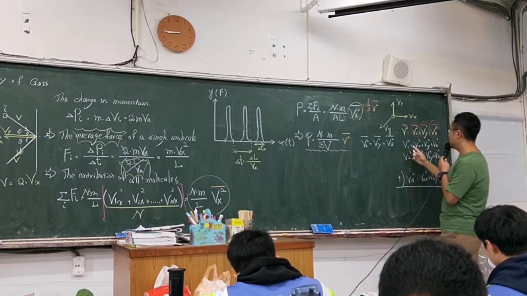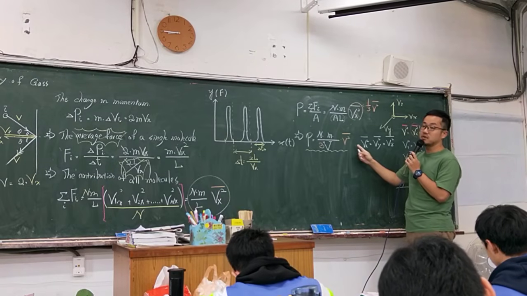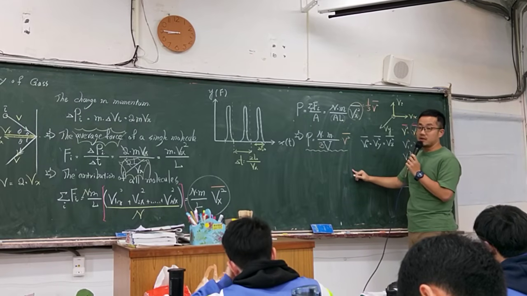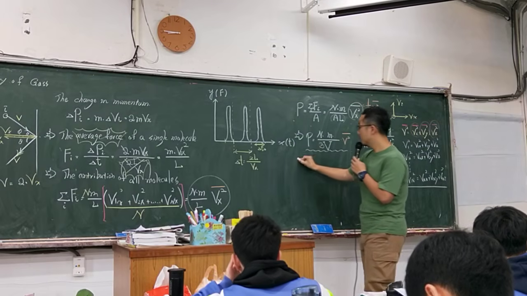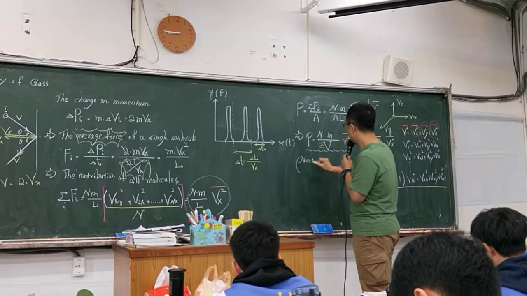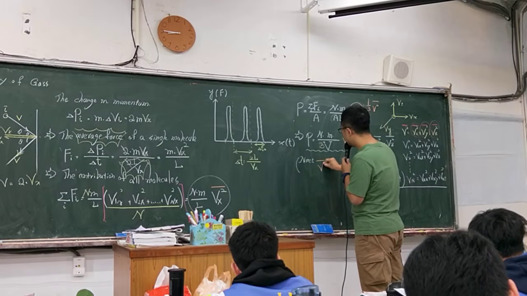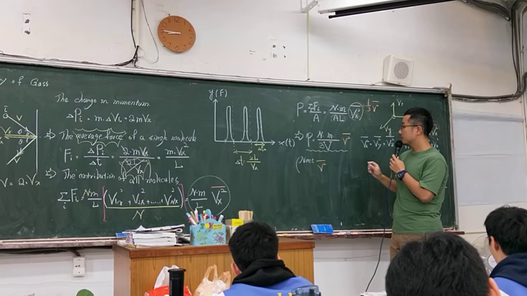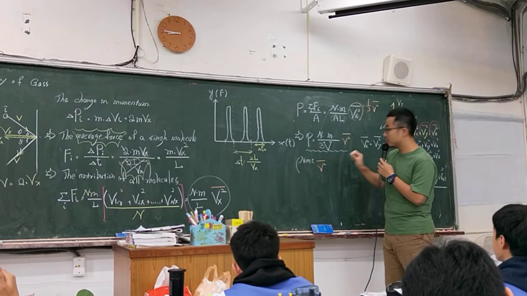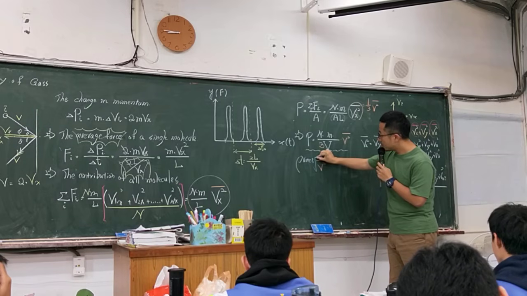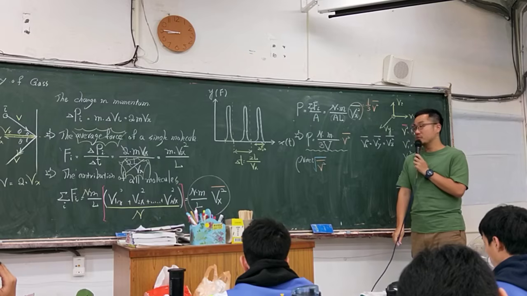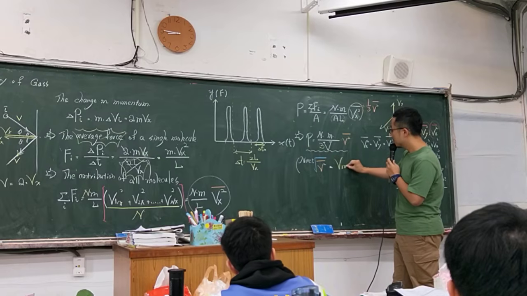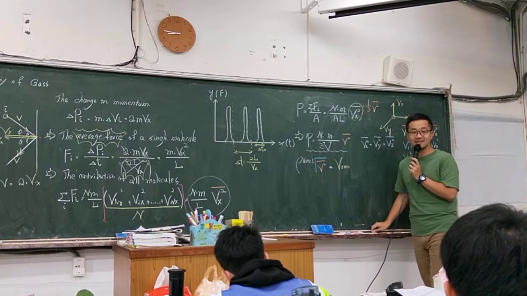You add them all, like v1 squared plus v2 squared plus v3 squared, you square them all, and you average them by dividing by the capital N. And if you take the square root of this average value of v squared, it will be defined as the root mean square velocity. Root mean square velocity.